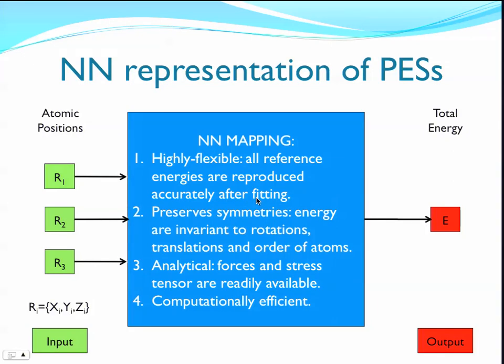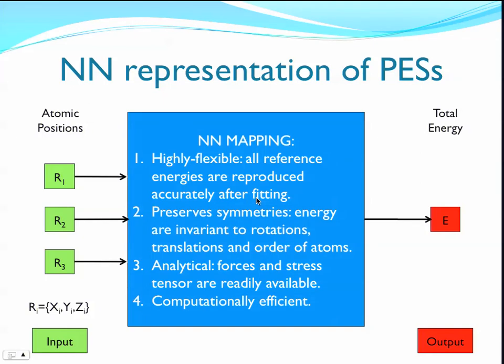What about representing potential energy surfaces? Potential energy surfaces possess certain properties. For example, the energy of a system should be invariant to rotations, translations, and order of atoms in the input, right?